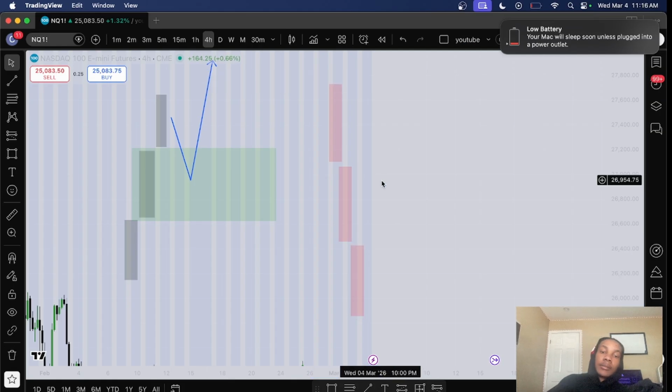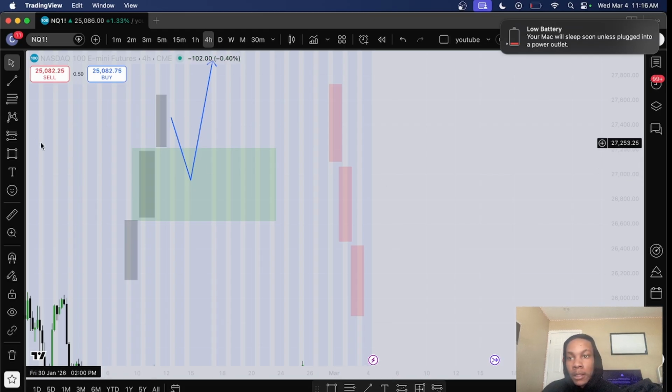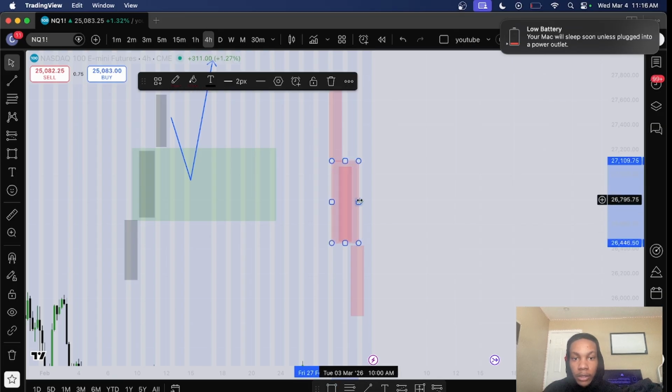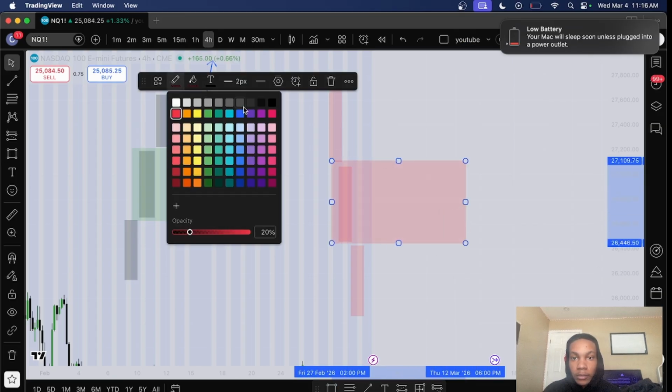That means, especially on the higher time frame, that there could possibly be a lot of limit orders set there and a lot of essentially liquidity, but that's a more advanced concept. For now, we'll just stay here. So we have our bearish series of candles that left a gap.